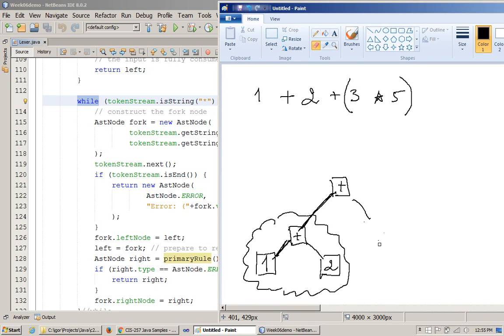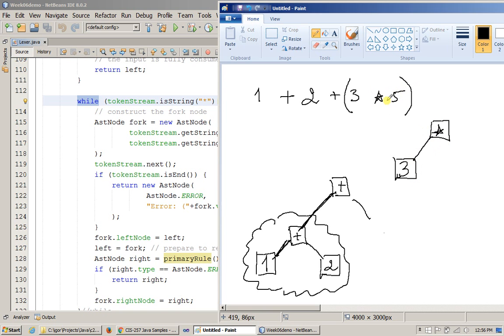Instead, the term will first create a node such as 3, right? It will be able to process this as a primary inside the term rule. Then it will detect that there is a multiplication, right? So it's going to create the fork with multiplication and give it the left-hand side like this.